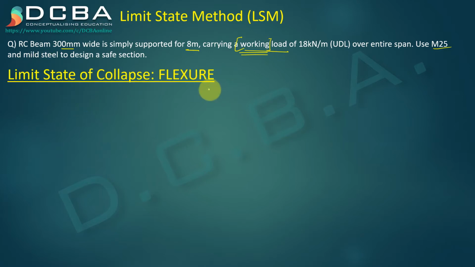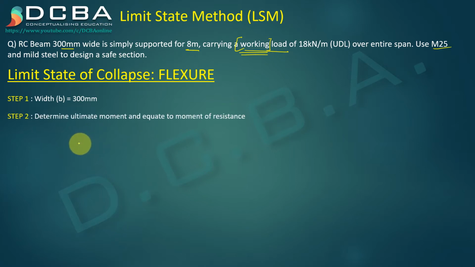So first is limit state of collapse, which is flexure. We'll be satisfying the design according to this criteria. Width is 300. Determine ultimate moment and equate to moment of resistance. So ultimate moment, what does this statement mean? We are talking about two types of moments: ultimate moment and moment of resistance, and both should be equal.